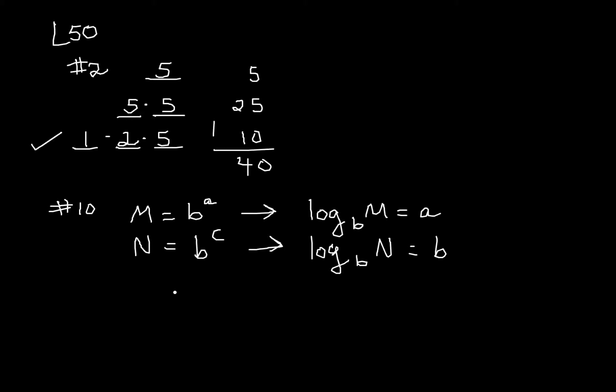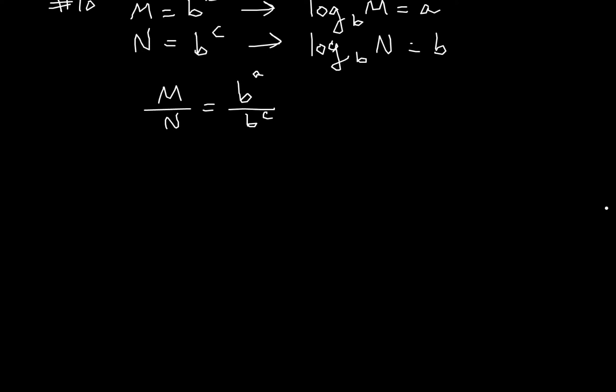Okay, so then we can say m over n equals b to the a over b to the c. We have to keep in mind what we're trying to prove here.